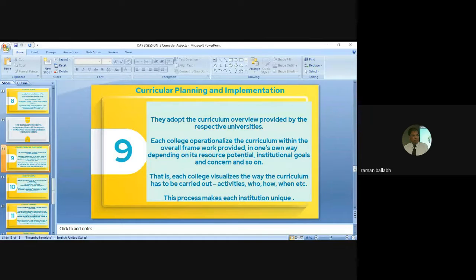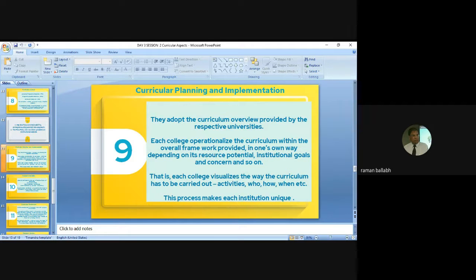Syllabus is only topic concerned, that these are the things to be taught in this period, in this class. For example, in graduation semester 1, these are the 4 subjects that have to be taught, and these are the subtopics under this topic. This is syllabus. It's more specific.